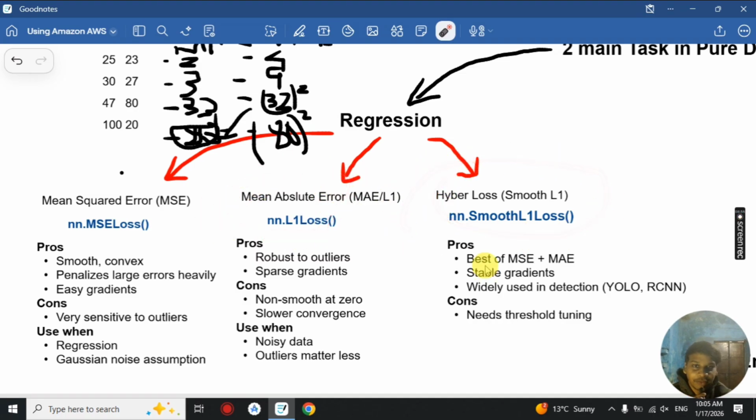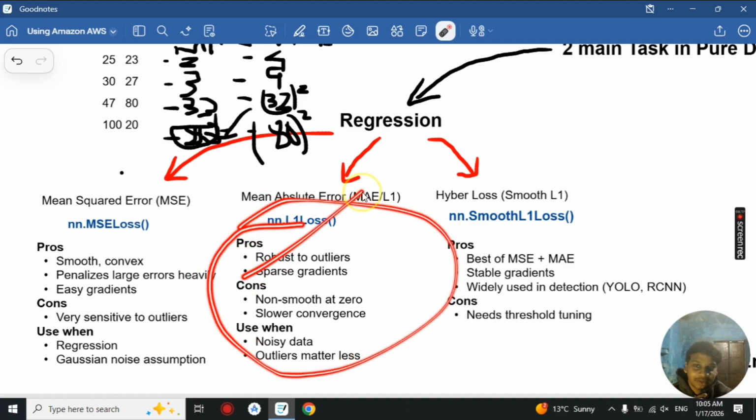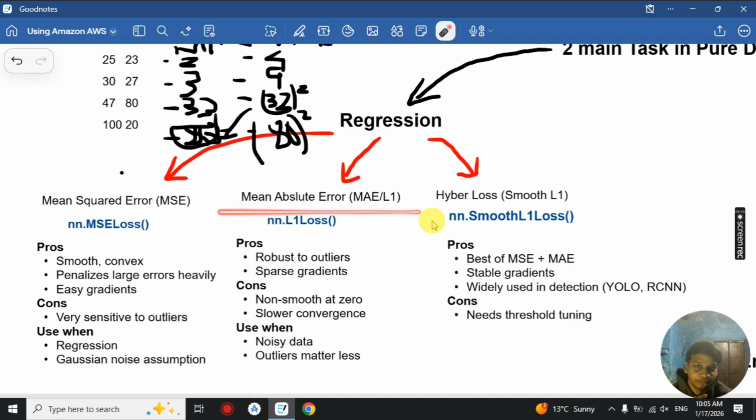Then finally we have our Huber loss, which is defined by nn.SmoothL1Loss. Okay, it's basically merging the two techniques of our MSE and mean absolute error. For small values it acts as our MSE, and for large values it acts as mean absolute error.